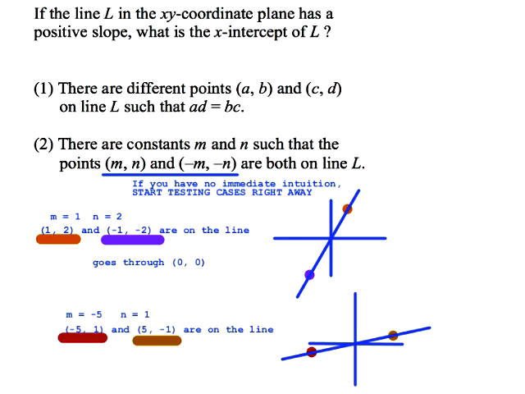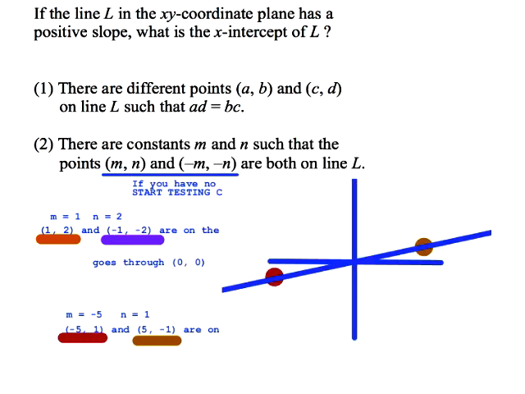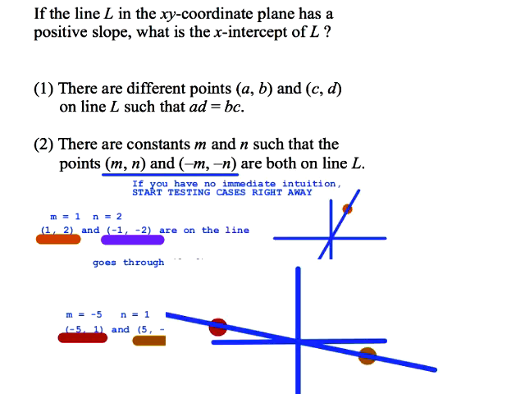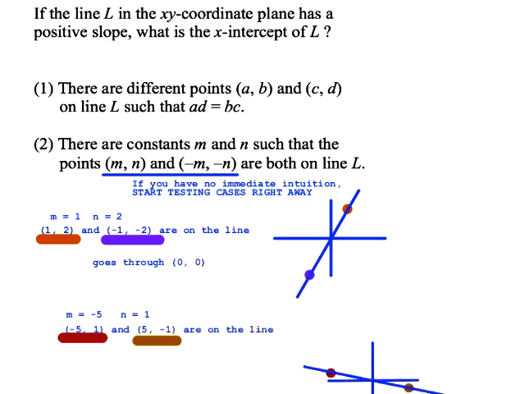I think I did that backwards. I did, didn't I? Yep, I did. This is where it's upside down. It's supposed to look like this. That's what it actually looks like.